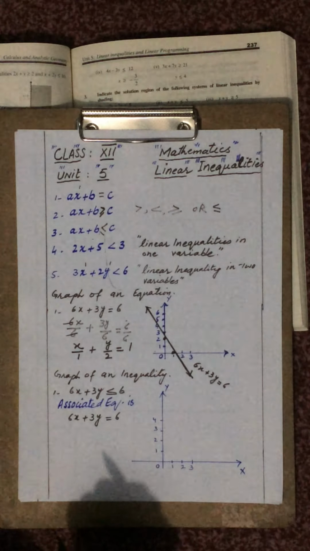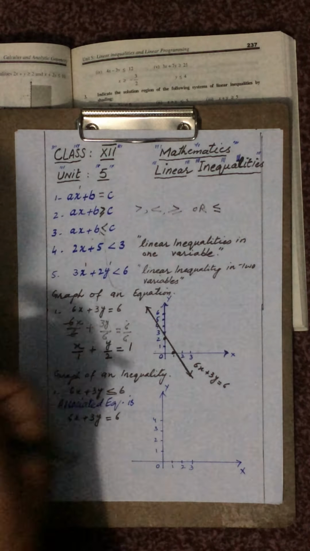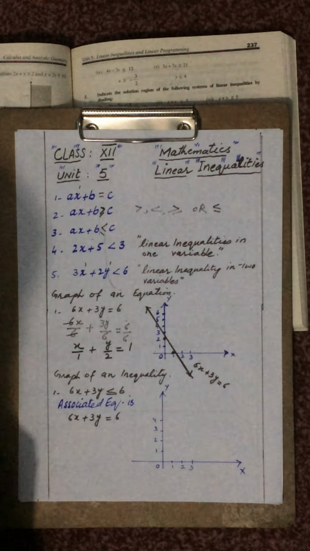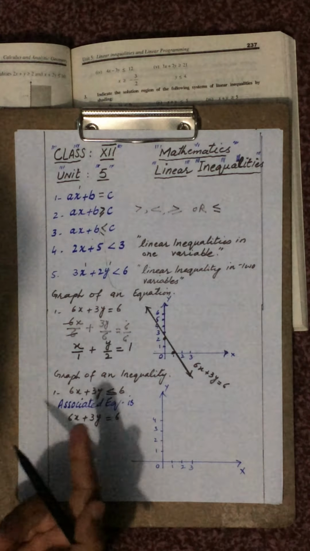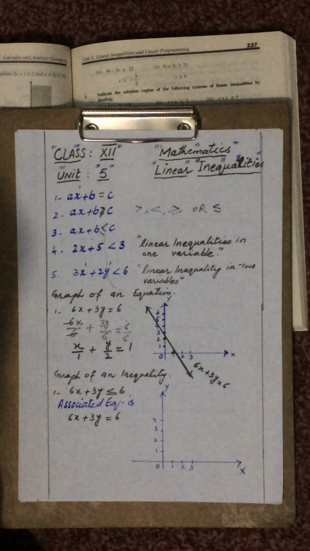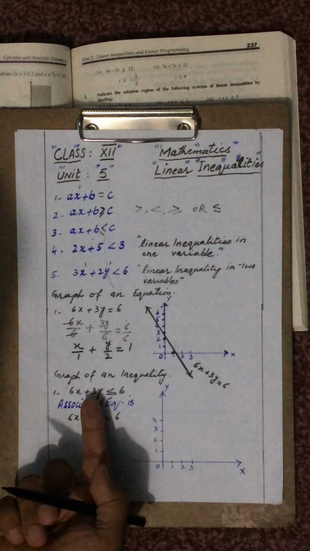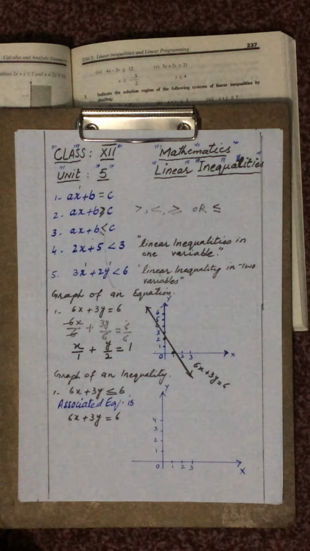As you see, this is a very simple method to draw the graph of an equation like this. Now our main topic is to draw the graph of the inequalities. I have taken the same equation here and drawn the sign less than or equal to.